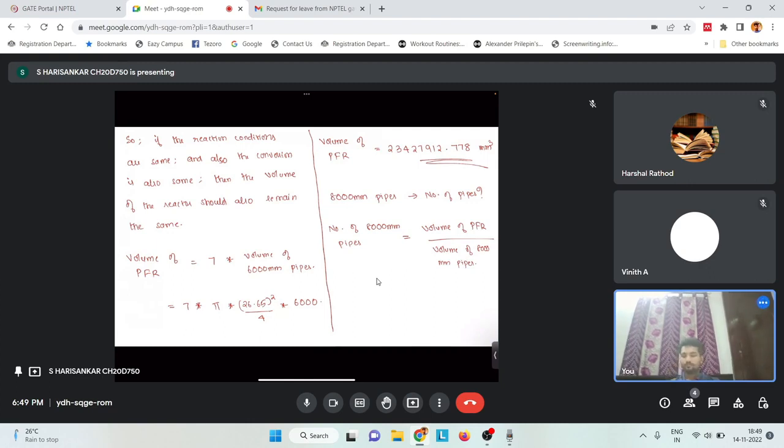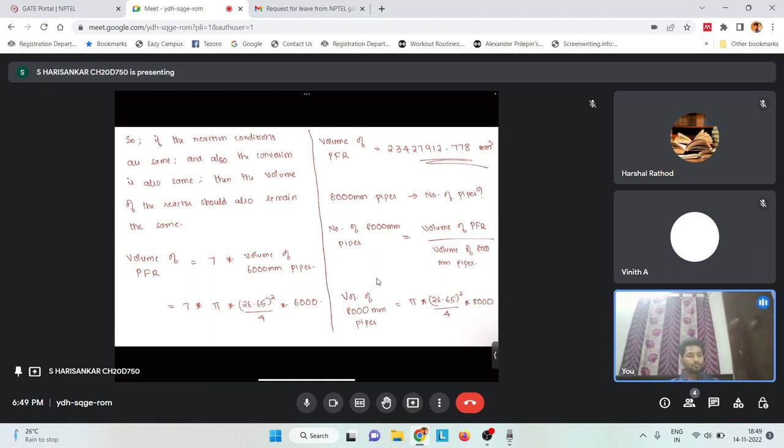So we can find the volume of 8000 pipes as pi d square by 4 into h, which will be pi into 26.65 the whole square by 4 into 8000.